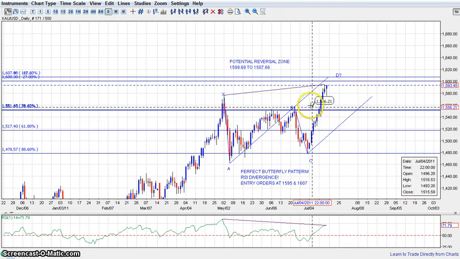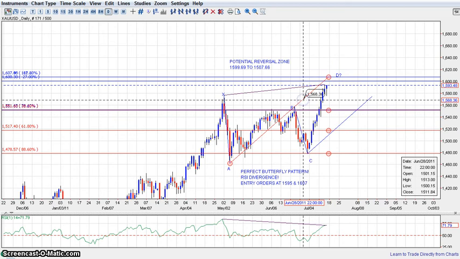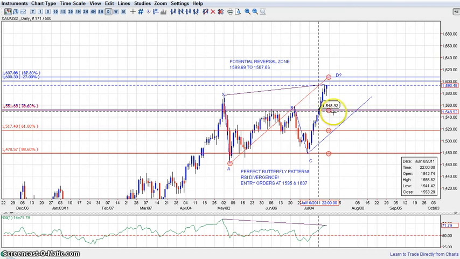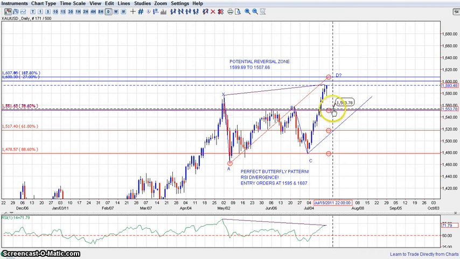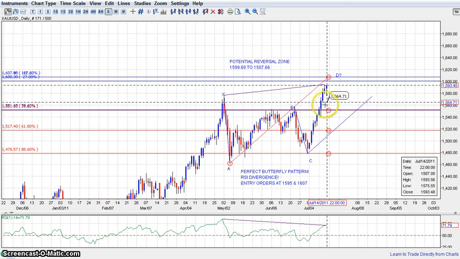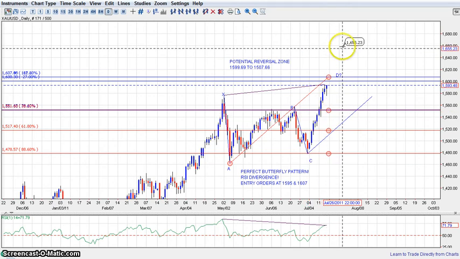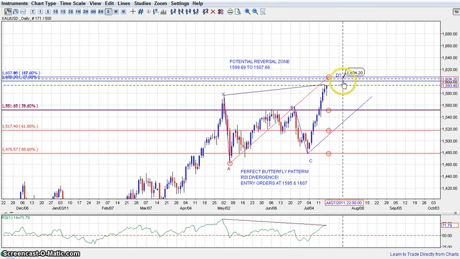Now in terms of target, you can see the 38.2 retracement of that AD leg literally coincides with the points behind the pattern, so that could provide significant support for price action. So I'll be looking for price to close below this level, which is 1551. Then I want to move my stop to break even on both orders.